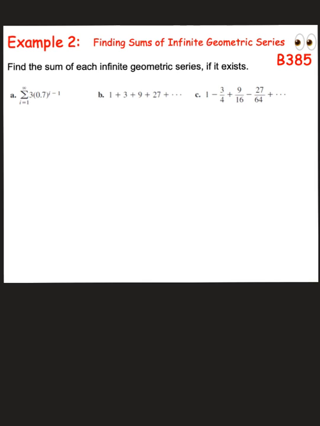So in the first scenario, we are given a sigma notation. We know that the first term is going to be equal to 3, and the common ratio is going to be 0.7. Since the common ratio is between -1 and 1, and it does not equal 0, this particular series will have a sum.